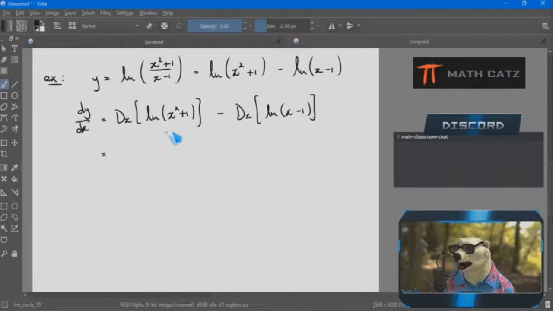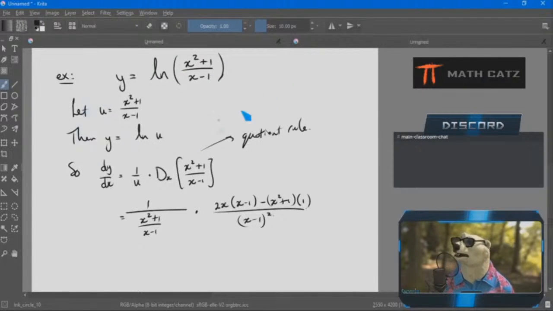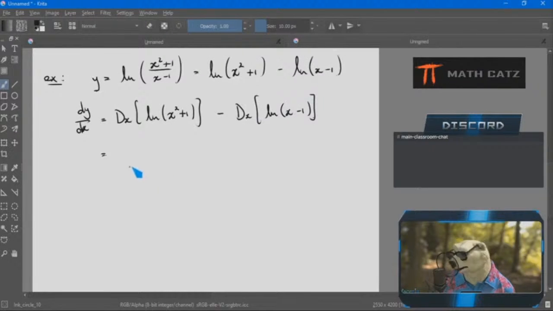This is still the log function of a function, but that inside function is way simpler now. And it might be so simple that I don't need to do the whole u setup thing. It's the derivative of the outside function with respect to the inside function as a variable, whether I call it u or not, times the derivative of the inside function.